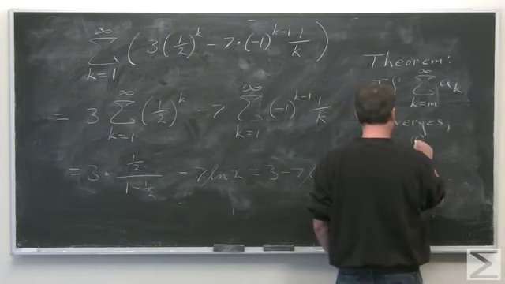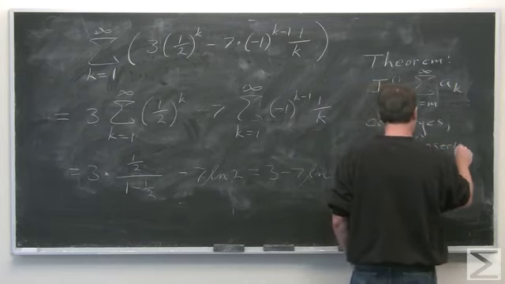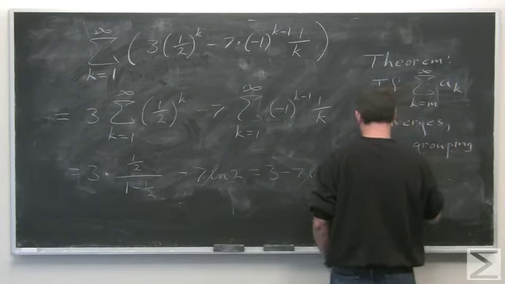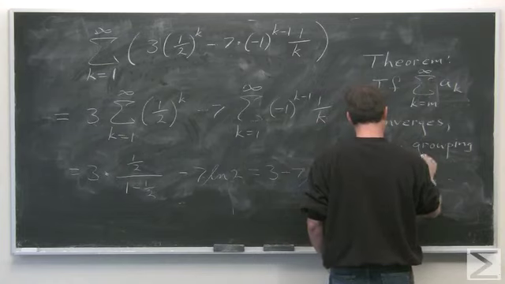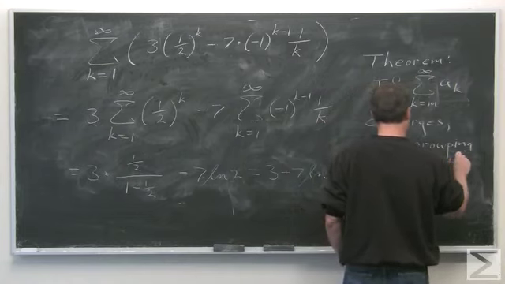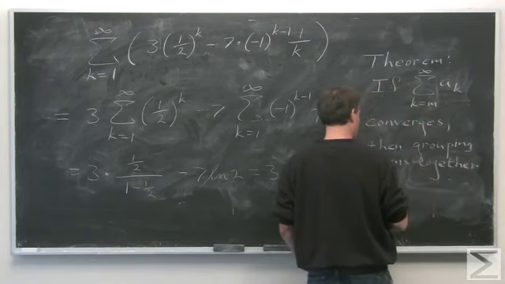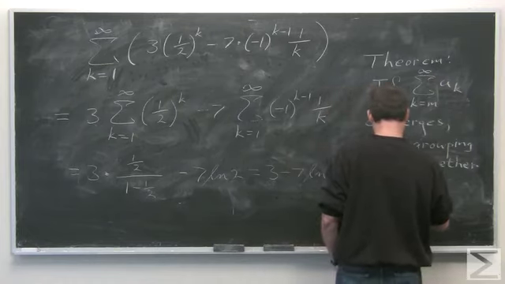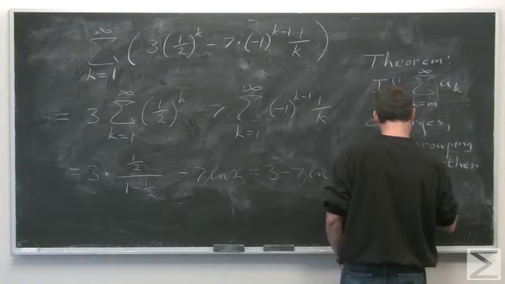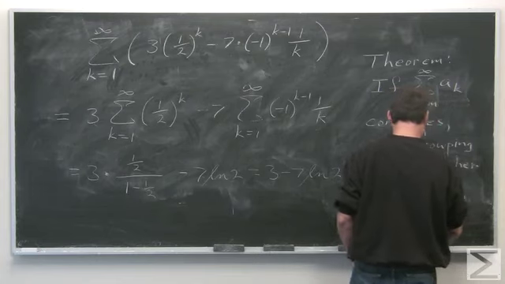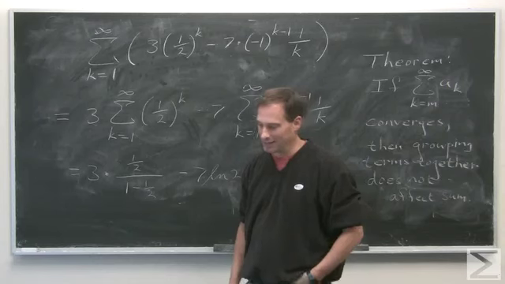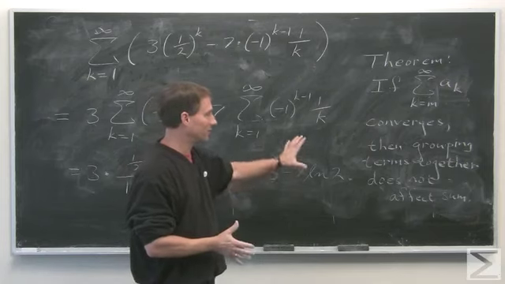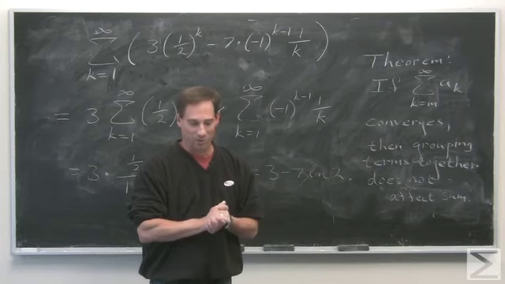Grouping terms together does not affect the sum. It still converges, no matter how you group things, and it converges to the same thing. Phew. Well, that's good. It is a little scary that sticking parentheses into divergent sums can make them converge, but at least convergent sums behave nicely as far as grouping goes.